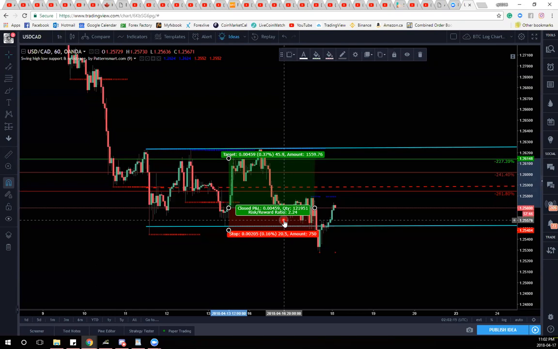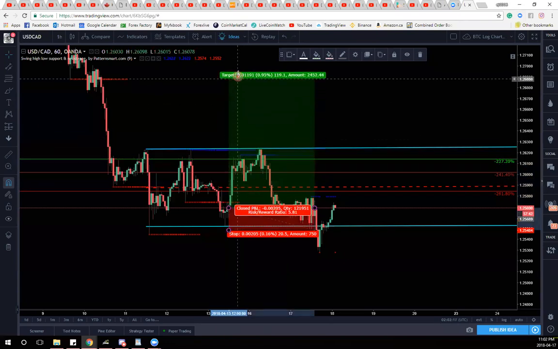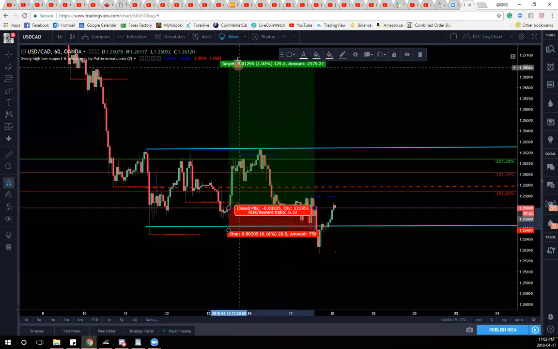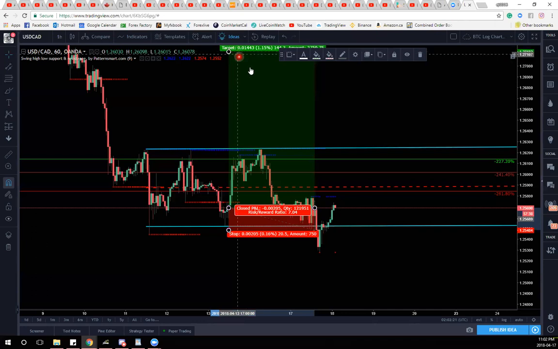I know some of you have seen me do trades with 6, 7, 8, 9, 10-to-1 setups. Even if those would be low probability trades, because there's such a great reward to risk ratio, I can afford to lose 90% of my trades on those types of setups and still break even.